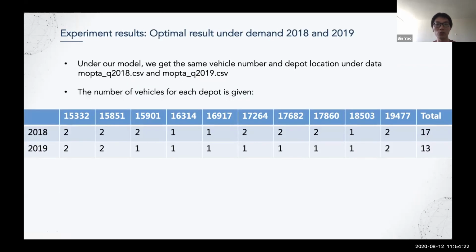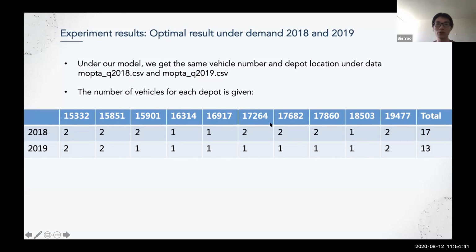And we also consider question 3, where we run our models under two different demands, 2018 and 2019. The good thing is that the number of depots doesn't change that much. They remain the same.